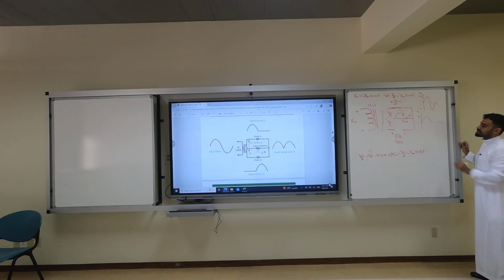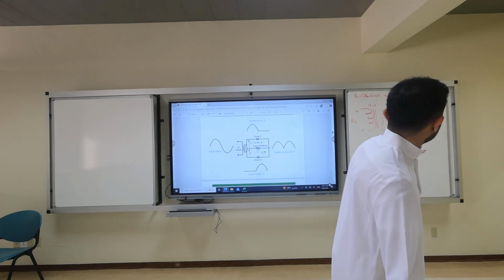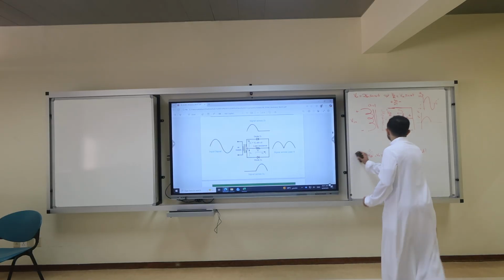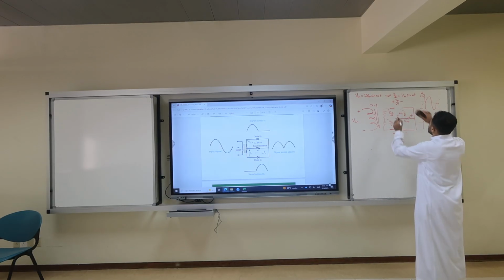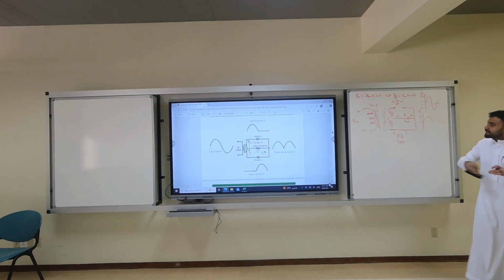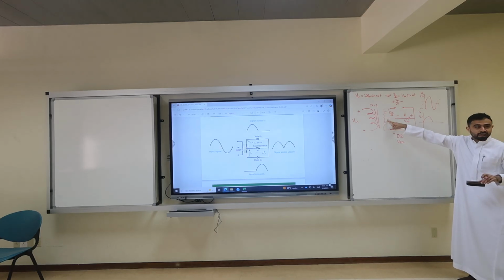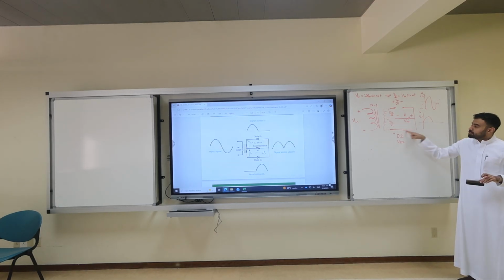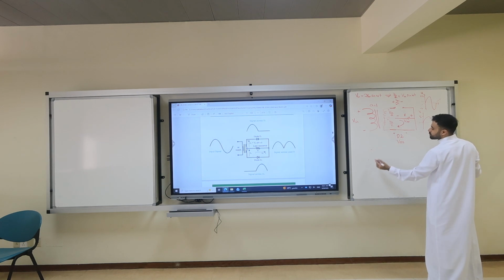At the negative half cycle, we have to reduce the circuit. This will be short circuit. This will be open circuit. At the negative half cycle, this is negative, so this is more positive than this one. So this diode will conduct. So how to do it? Do KVL here. Voltage rise or voltage drop?